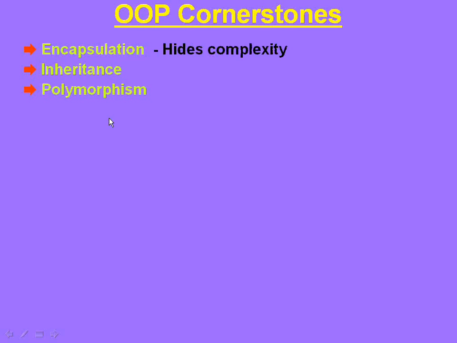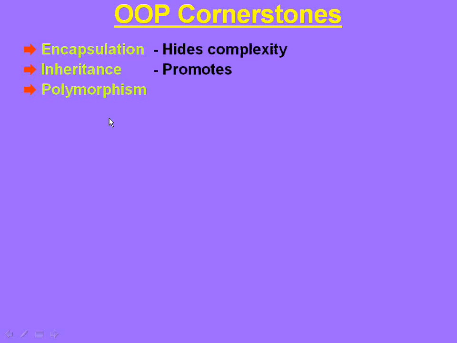Any object oriented programming language you can go for, either it may be C++ or .NET or Java or PHP, every object oriented programming has three major cornerstones: data encapsulation, inheritance, and polymorphism. Data encapsulation hides the complexity of the data.